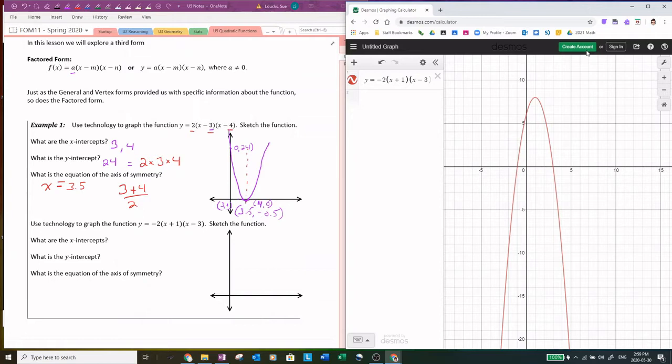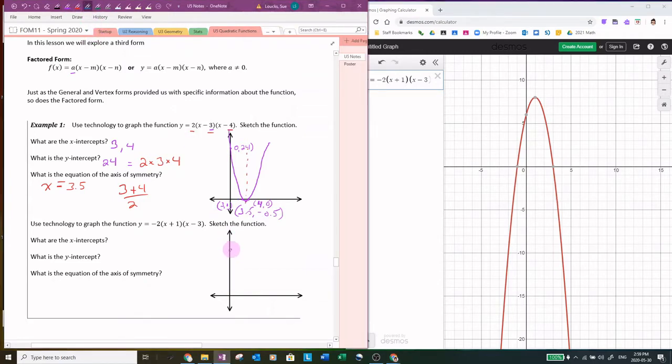So when I graph this one, my y-intercept is going to be 6. So this is 0, 6. And it goes through negative 1, 0, and 3, 0.